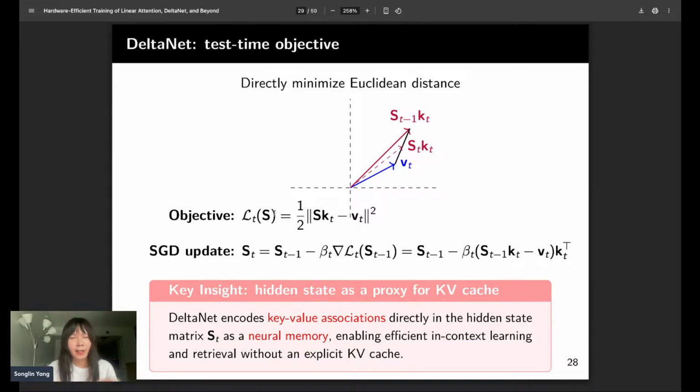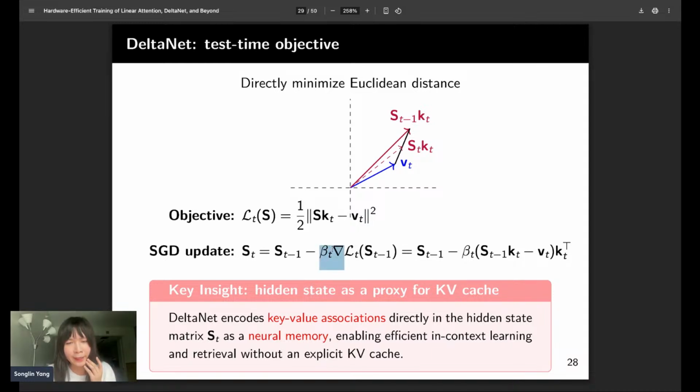The test time training framework also has this interpretation. It regards the recurrent state as a weight matrix, and we use this weight matrix to do a linear transformation and then try to recover the input value. This is a linear regression loss function. If we take a single step of gradient descent on this objective function, we recover the Delta Net update rule.